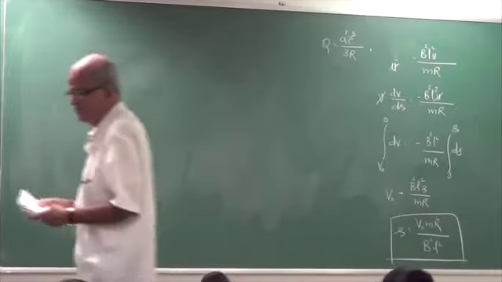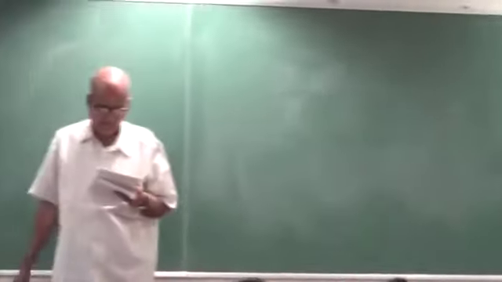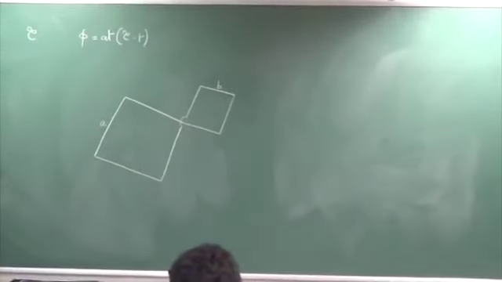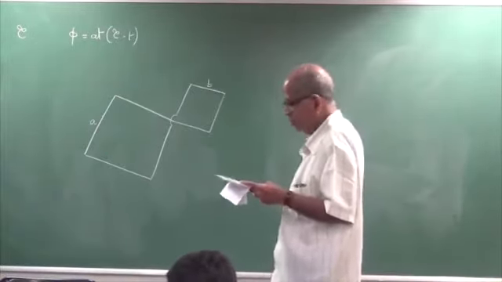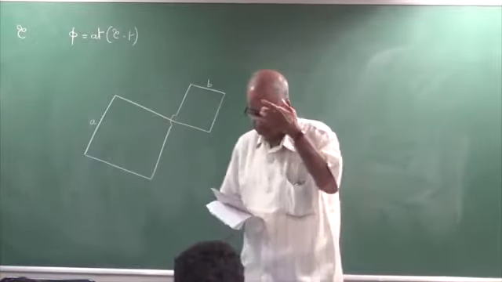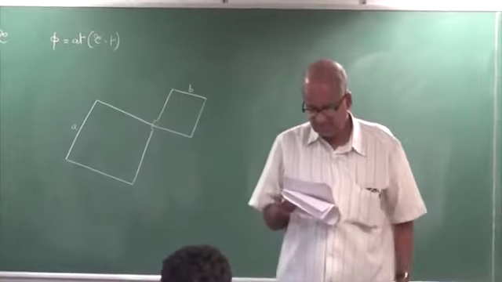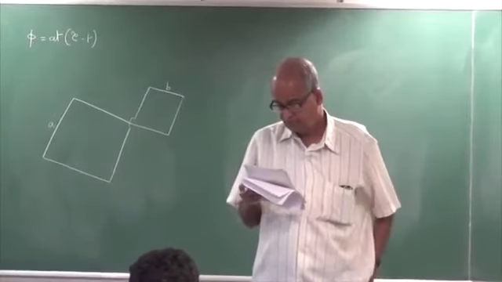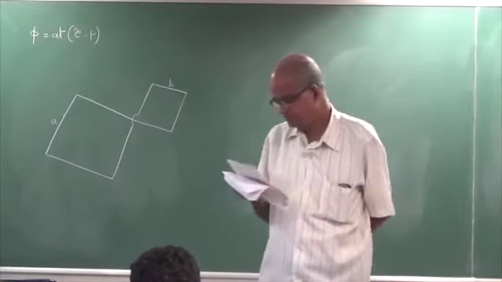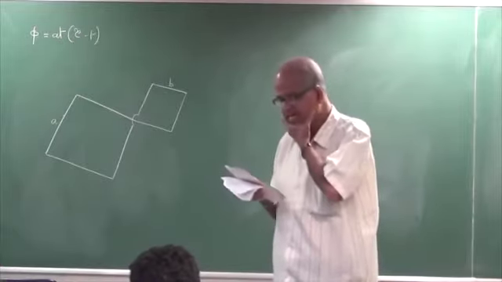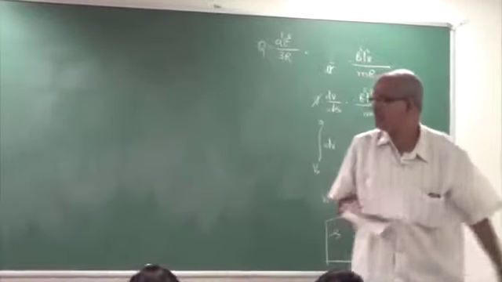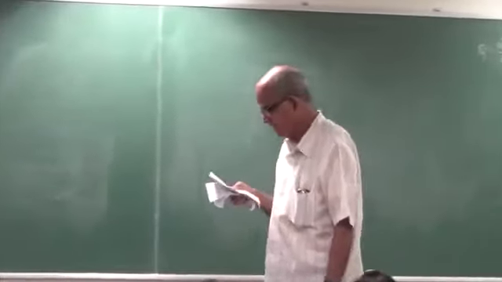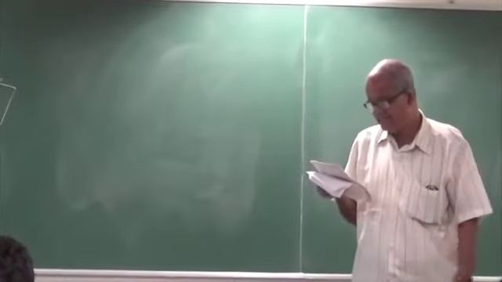A plane loop, you draw this figure, a plane loop shown in the figure is shaped as two squares with sides a equal to 20 centimeter and b equal to 10 centimeter.